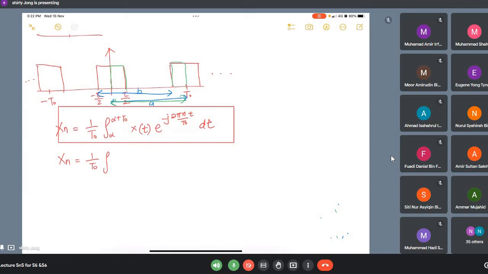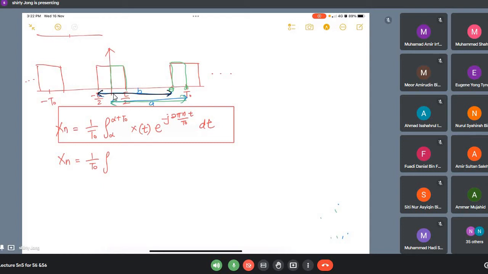So you need to do 2 times of integration, because from 0 to tau over 2, and before that from here to here, correct or not? Can you see that? Yes. And then if you use B, I use black color. If B, this means that it's from here to here.